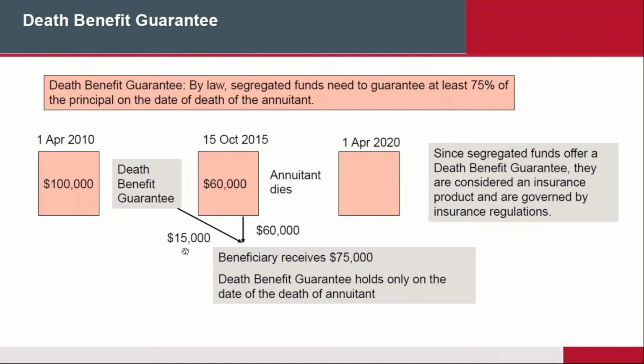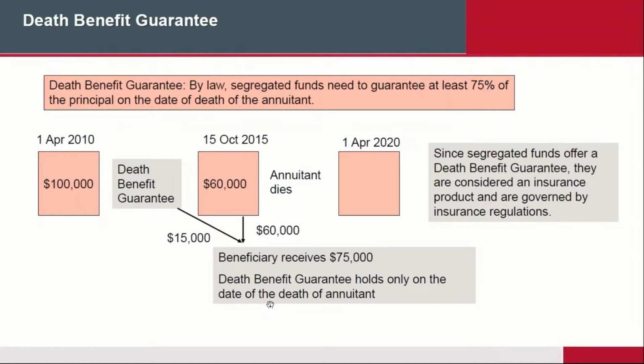So in the previous slide, I said if you cashed it in, you're only going to get $60,000. In this slide, I'm saying if you died, you're going to get the death benefit guarantee. And the death benefit guarantee is $75,000. So the fact that there is only $60,000, that means the insurance company has to top it up by $15,000. In other words, the death benefit guarantee holds only on the death of the annuitant, not the owner, but the annuitant, the person who actually we are investing the money with.